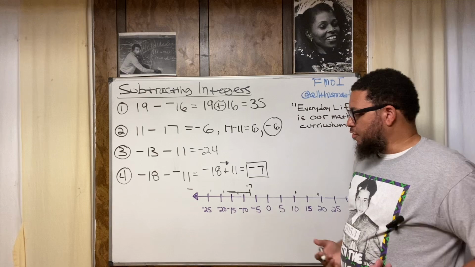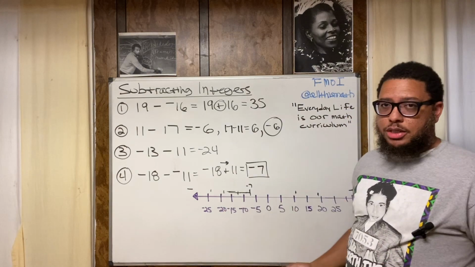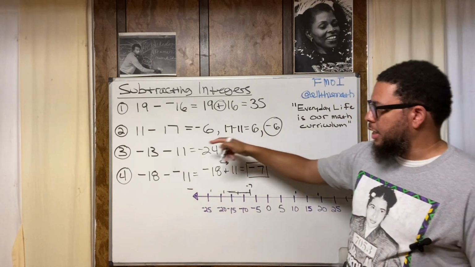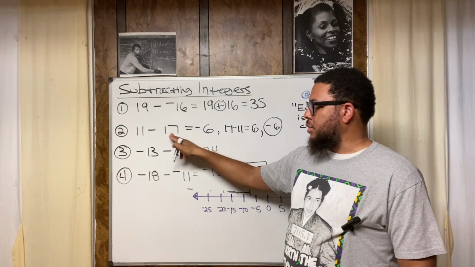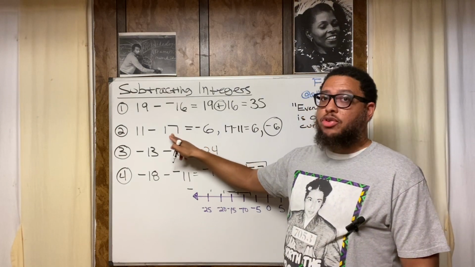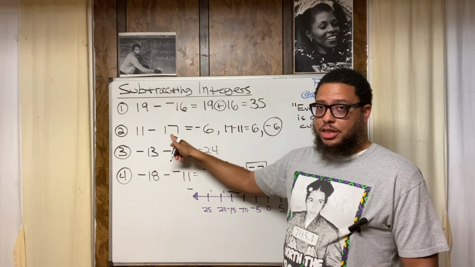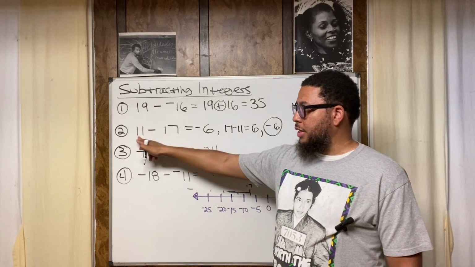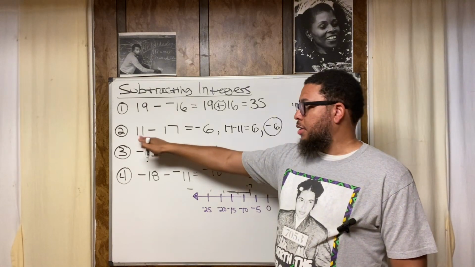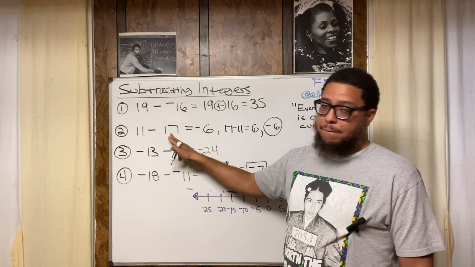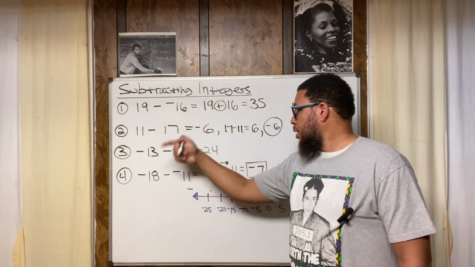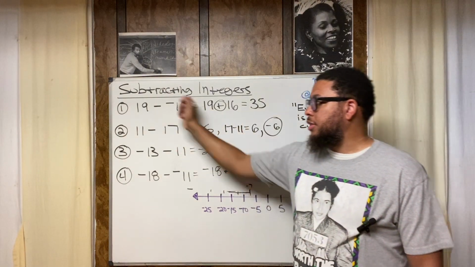Now, I prefer using a number line. There are other ways to subtract, different little tricks. Like if you've got a positive minus a positive where the minuend is less than the subtrahend, right? The subtrahend is the second number in a subtraction problem, and the minuend is the first number. When that happens, you can actually flip these around.